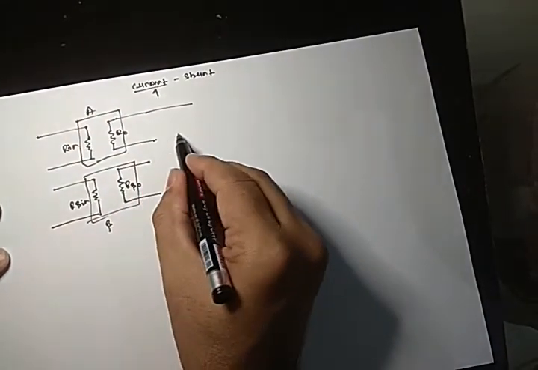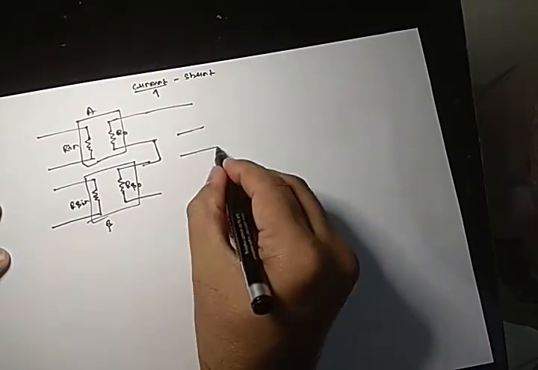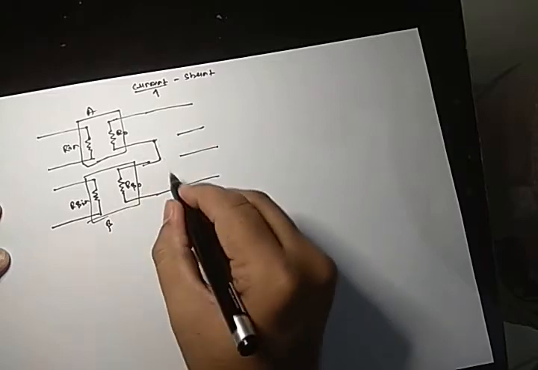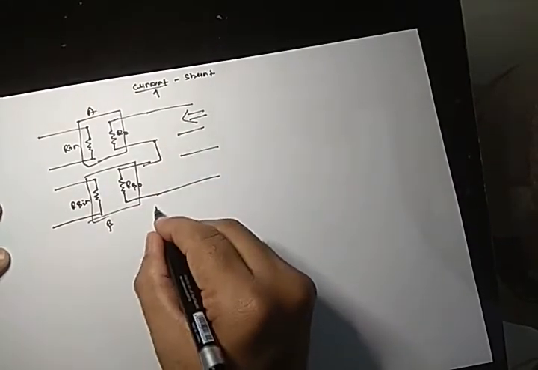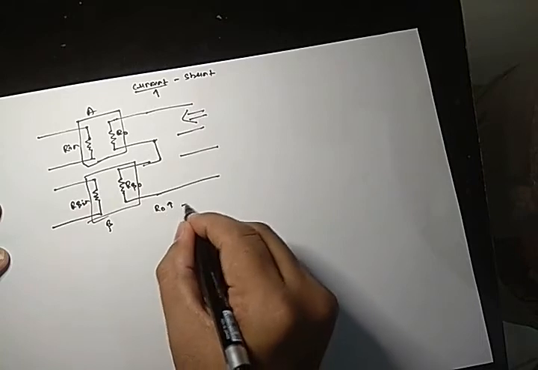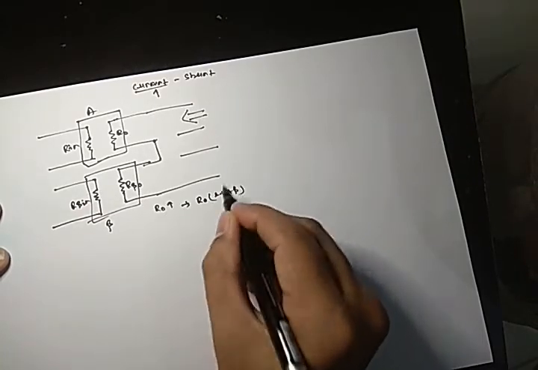Now how is current being taken? This is in series. Now this is taken in series, then if we look across R naught, it increased, and it will be increased by R naught into 1 plus A beta.